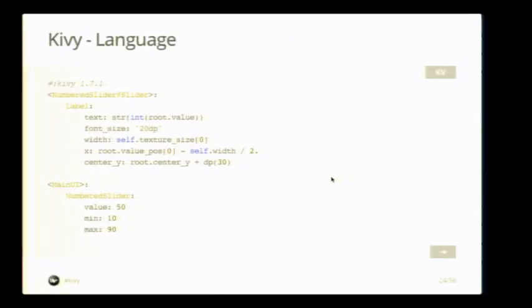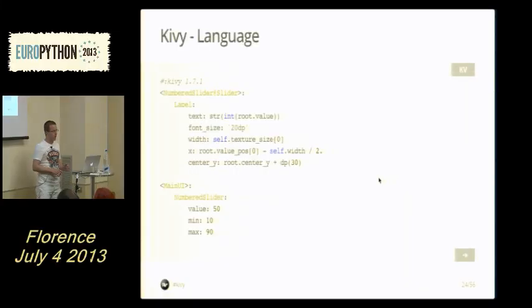And I didn't write a slide about it either, but if you are in Python, all the widgets are registered into a factory. So you can just say factory dot the name of your widget, whatever it is. It can be declared in a class, it can be declared in the Kivy language. It just works, and you will be able to instantiate it on the fly. And also the factory supports lazy loading.